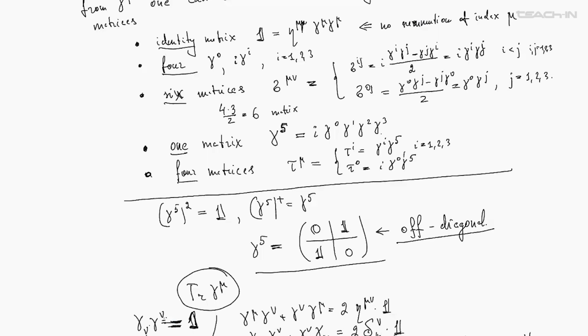And unitary transformations, they are always allowed in quantum field theory and quantum mechanics. You know, quantum mechanics allows for unitary transformations which do not change the probabilities. And this is the same statement as we have here. Changing the basis of gamma matrices can be compensated by the change of the wave function.